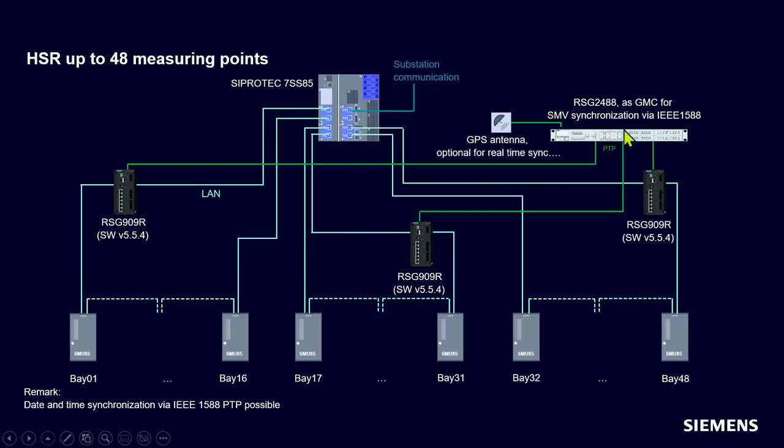You need this RUGGEDCOM, and you configure it as a grandmaster clock. And you are using 3 outputs to send this PTP signal to the 3 HSR rings. And then via a red box, you have to insert this PTP signal in each separate ring.